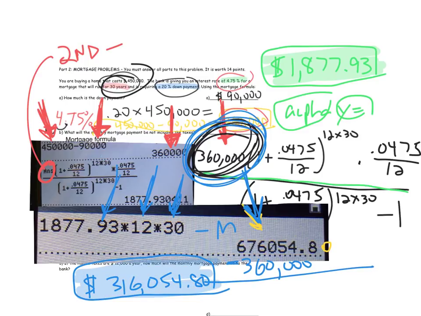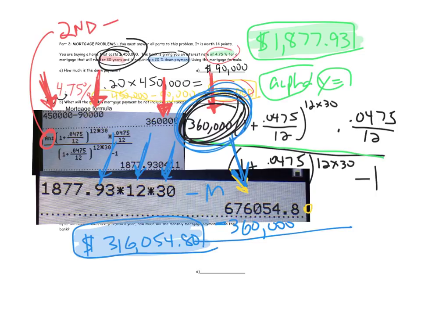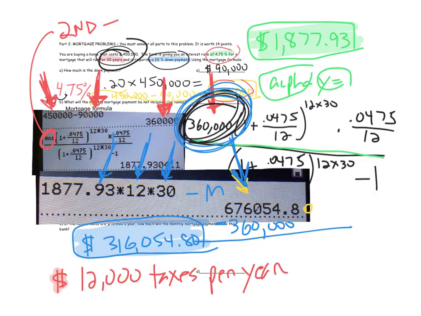Now you're going to factor in the monthly taxes. Here what happens, it tells you this particular house, the taxes are $12,000 per year. That's going to be told to you in the problem. While you pay that every month, so you divide that by 12, which means your taxes are $1,000 per month.